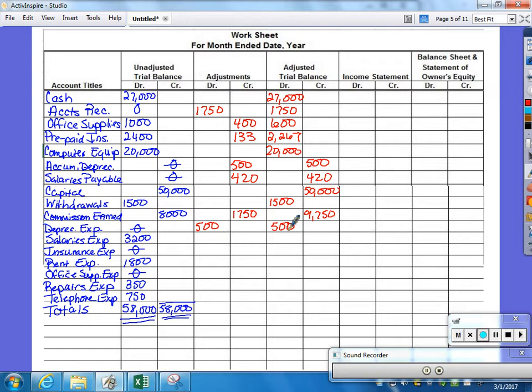What about salaries expense? Increased, by how much? 420. So we're going to put 420 in this column. What's the new balance of this account? 3,620.